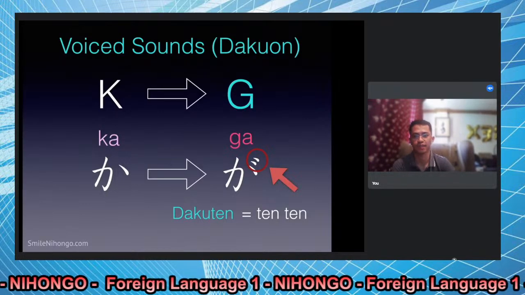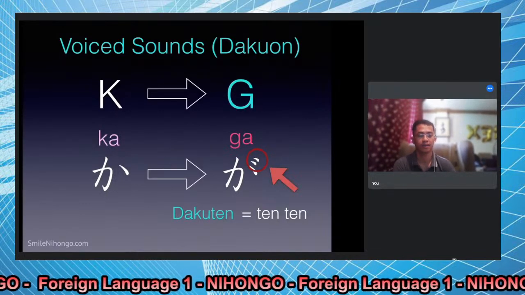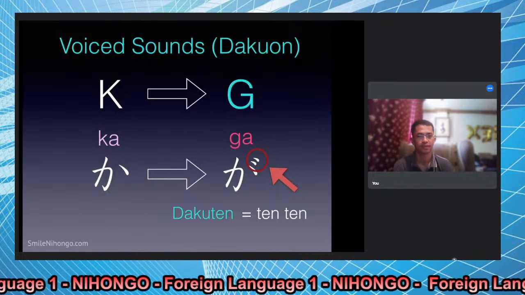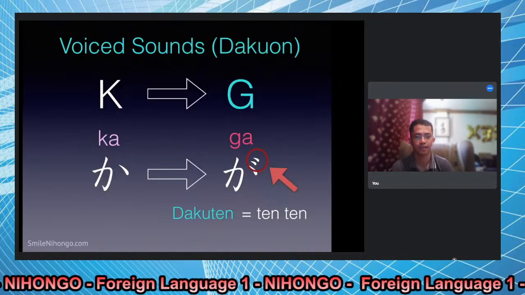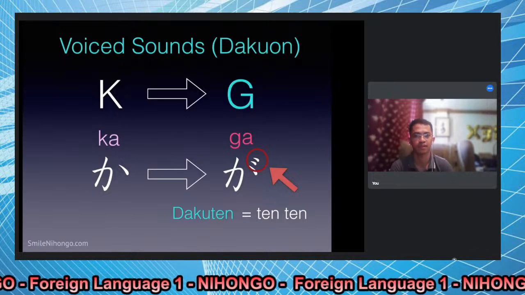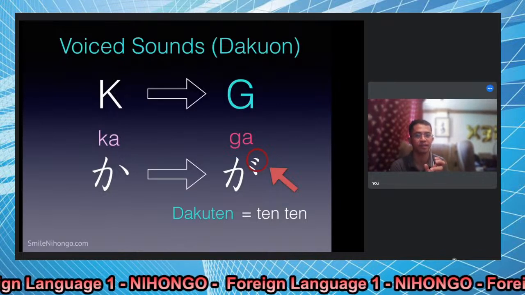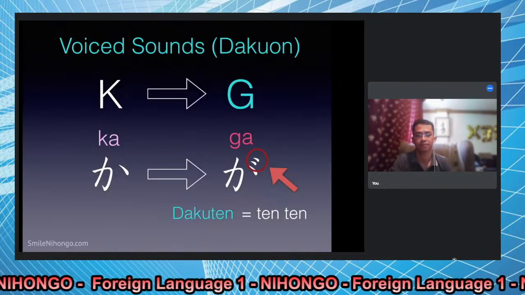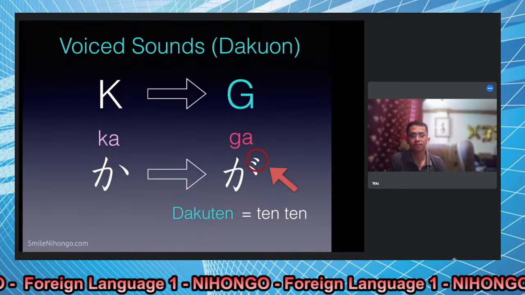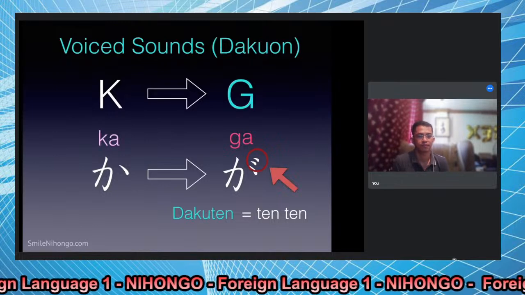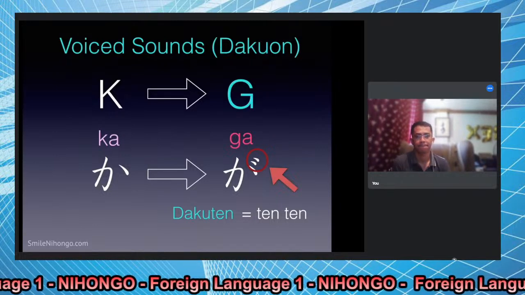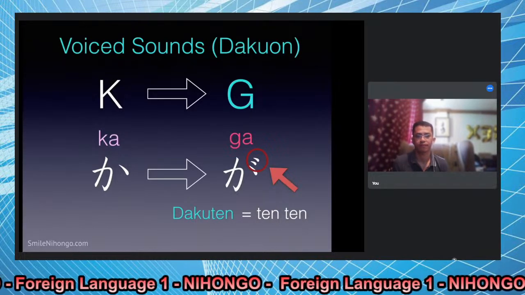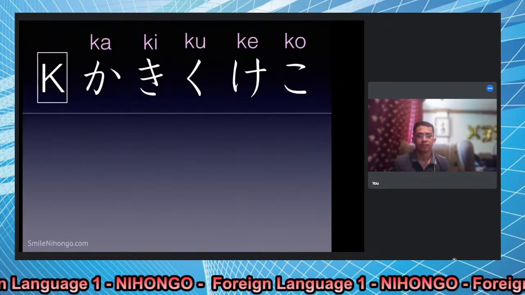So please remember this, in common terms, ten-ten or dakuten, but it is written as dakuten. I use the term ten-ten a lot in my lessons, as in ka plus ten-ten is ga or something like that.